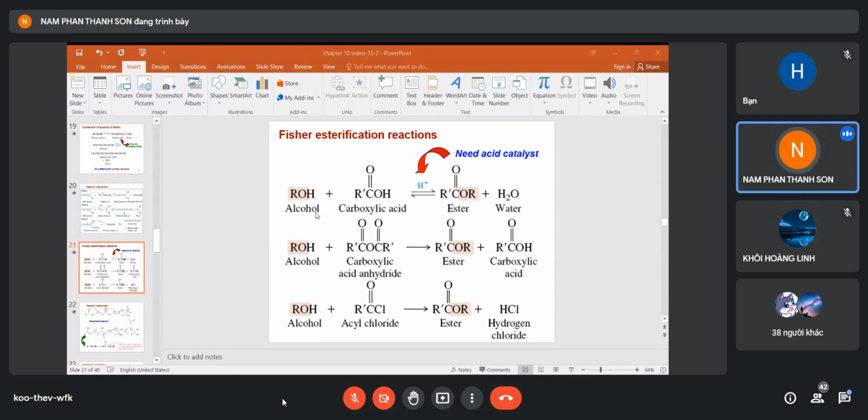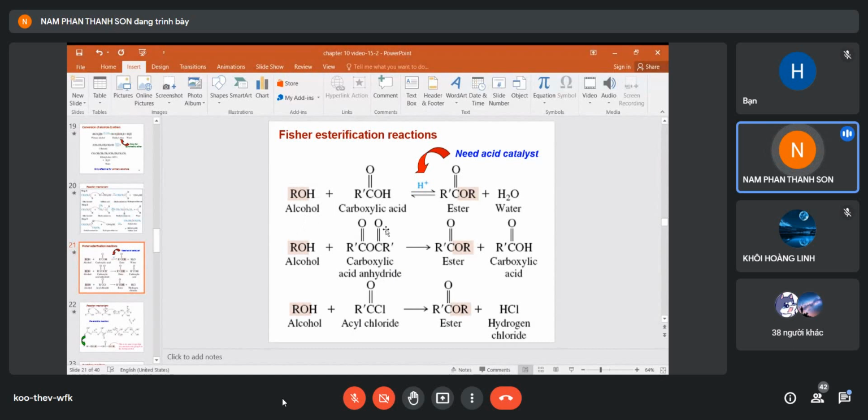You will use excess ethanol. Normally, we use excess ethanol because ethanol is cheaper and it's easier to treat the alcohol than the carboxylic acid.